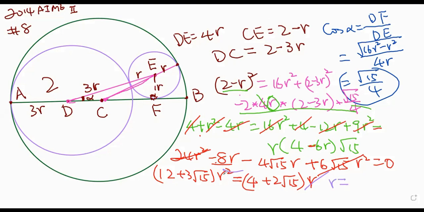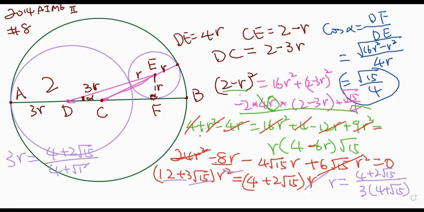R equals 4 plus 2 times square root of 15 over, I can take out 3 for this one, that's 4 plus square root of 15. Then we want to get 3R, right? 3R will be 4 plus 2 times square root of 15 over 4 plus square root of 15.